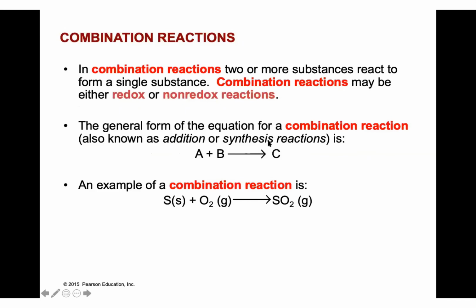For example, the two carrots that you broke in half, you're gonna glue them together. The example here is sulfur and oxygen, which basically gives us SO2. That's the combination reaction. So two or three compounds become one compound. Always on the right side is gonna be one compound.